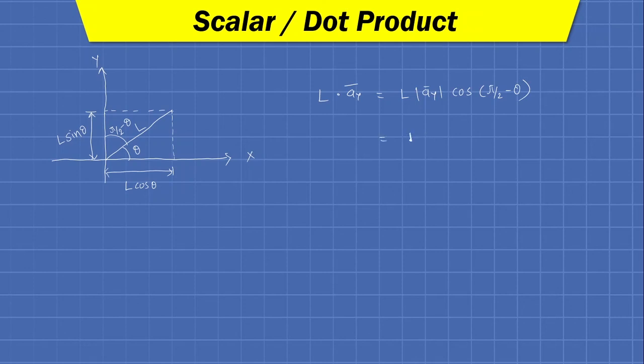So it will be L, modulus of ay bar will be 1, and cos of pi by 2 minus theta will be sin theta. So this is how we can judge that if the x component is L cos theta, then the y component will be L sin theta. Ultimately, the reference axis with respect to which we are taking the angle is important. So that's it for today. Thank you very much.